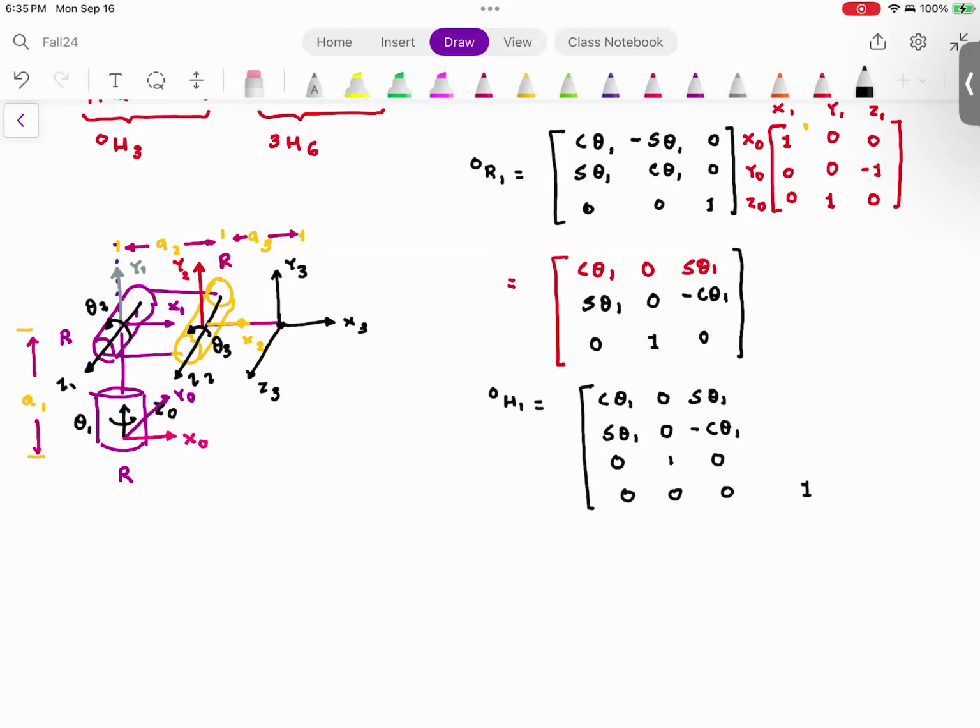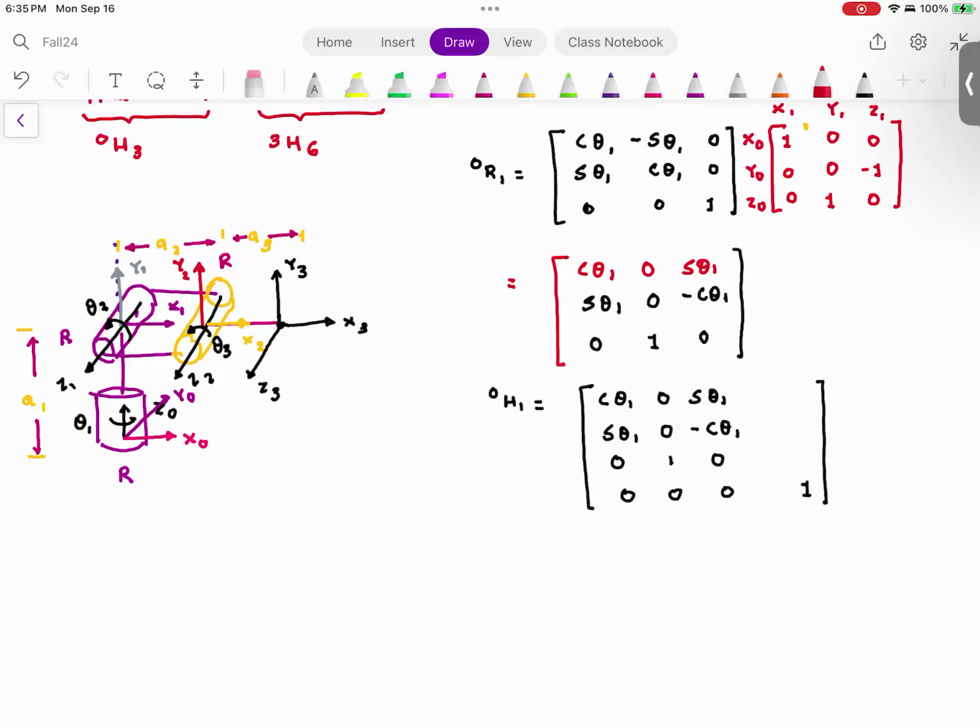Now, the last column of the homogeneous transformation: I need to find the distance between frame 1 and frame 0 with respect to the 0th coordinate frame. Once again, the distance between the first frame and the 0th frame with respect to the 0th coordinate frame.